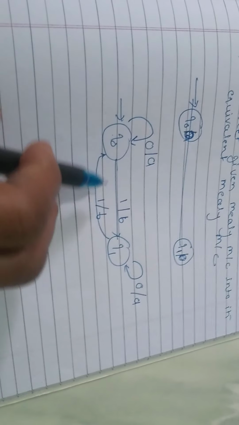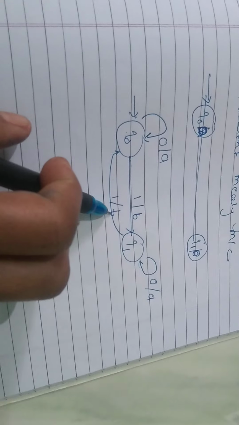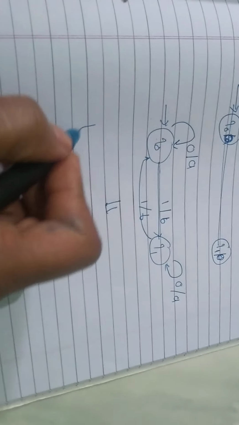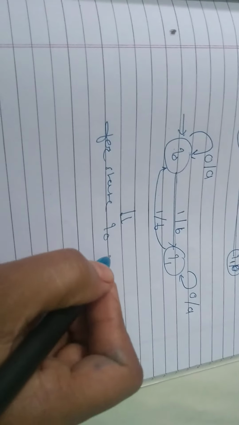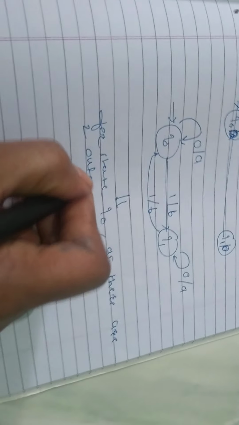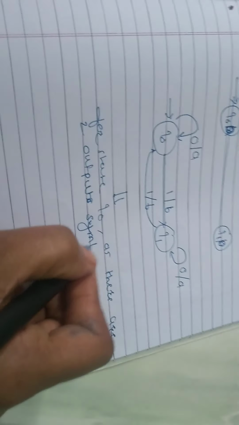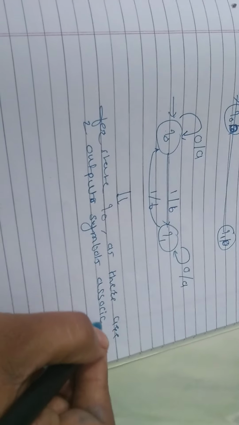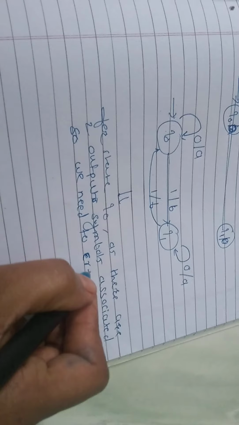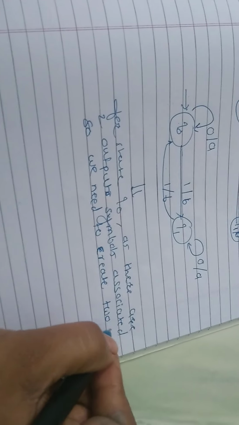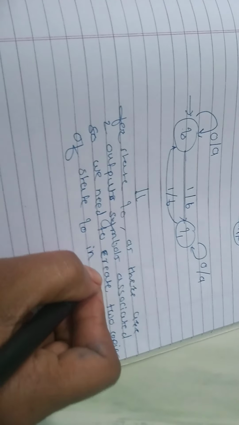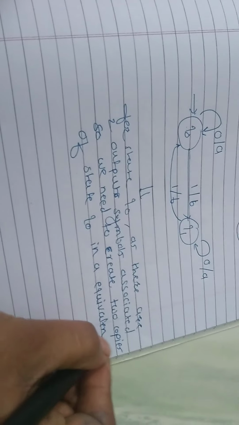So for Q0, two incoming transitions, output symbol A here, output symbol B here, so we need to create two copies of Q0 in the equivalent Moore machine.